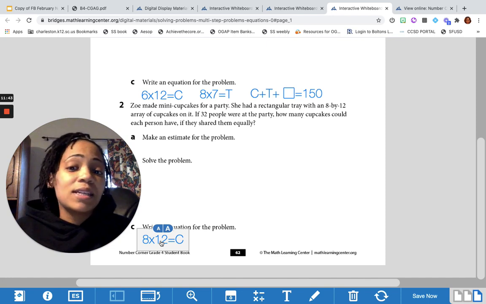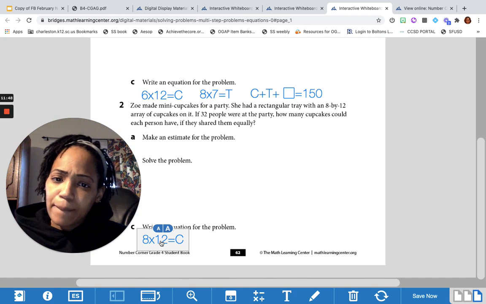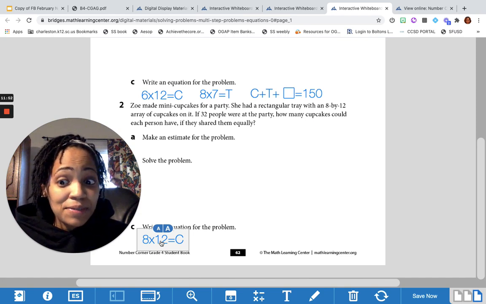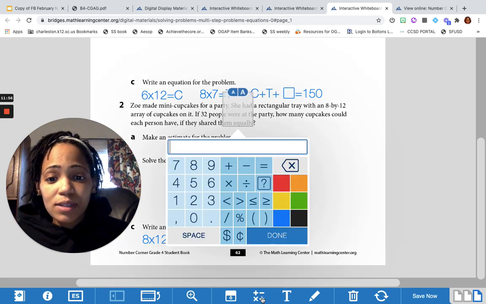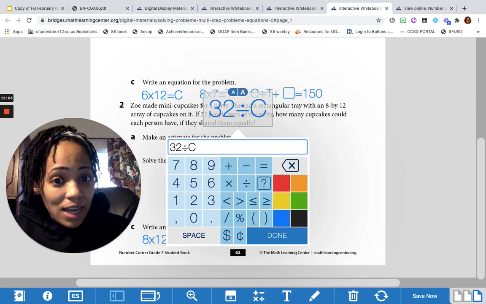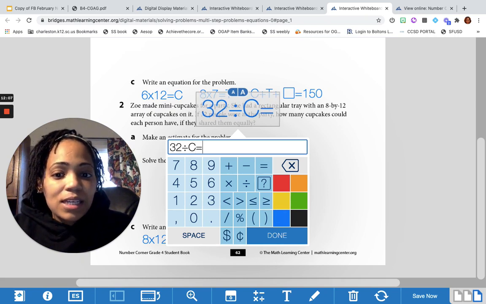How many cupcakes could each person have? If you're sharing, what operation is that? Division. Yeah. So I would have to take 32 divided by my how many cupcakes I have, which is going to tell us how many cupcakes each person can have.